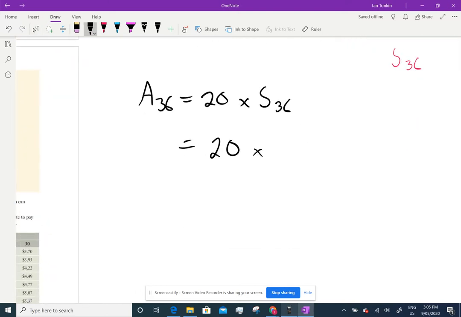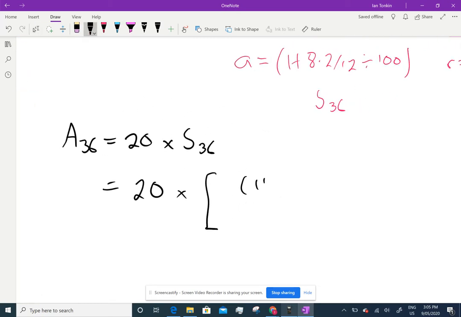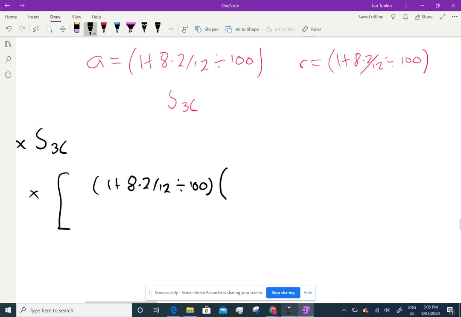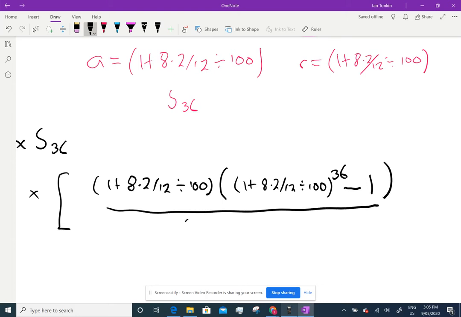20 times A, 1 plus 8.2 divided by 12 divided by 100, times R to the N, 1 plus 8.2 divided by 12 divided by 100 to the 36 minus 1, all over 1 plus 8.2 divided by 12 divided by 100 minus 1.